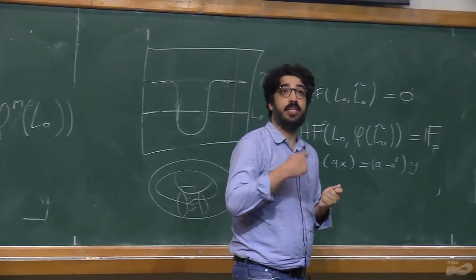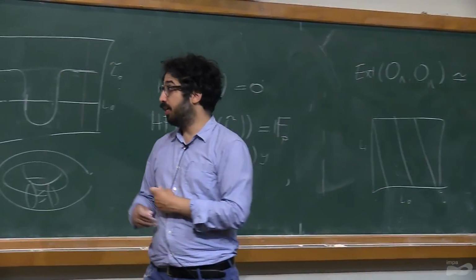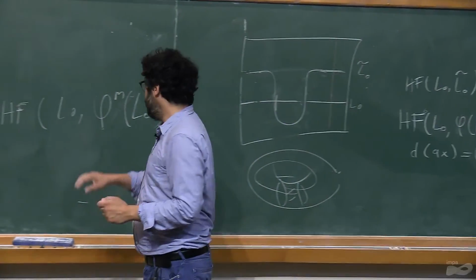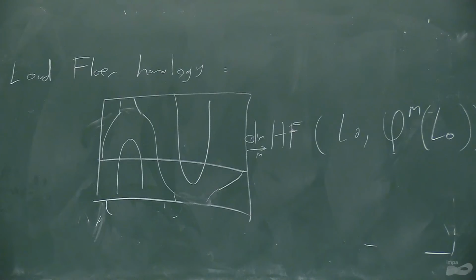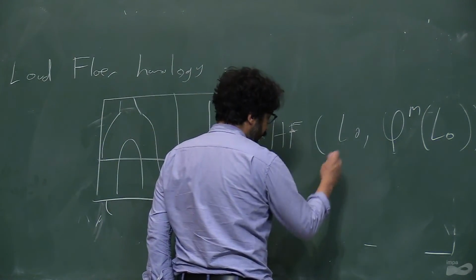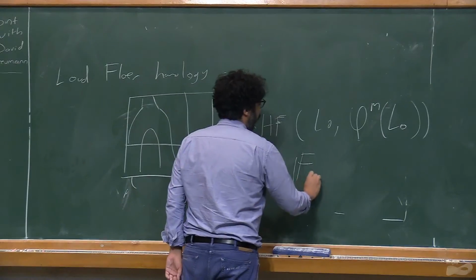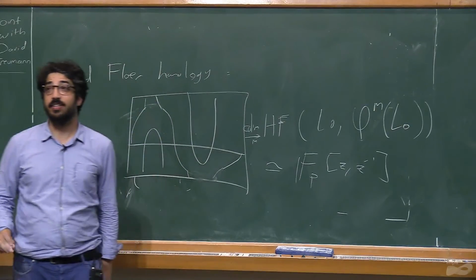One of them intersects the danger zone, and the other one doesn't. So each time you take this iteration, you're introducing a new F_p. You can check and compute that this is isomorphic to F_p((Z inverse)). So it's the right answer.